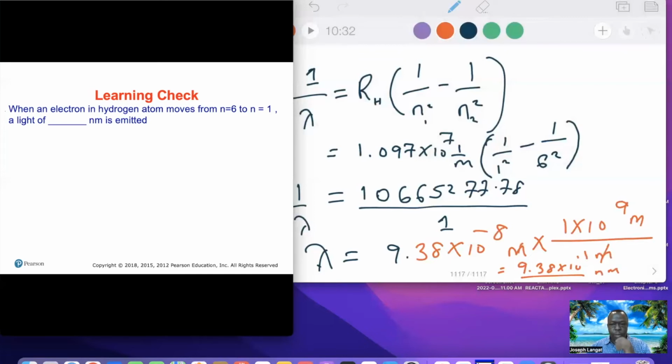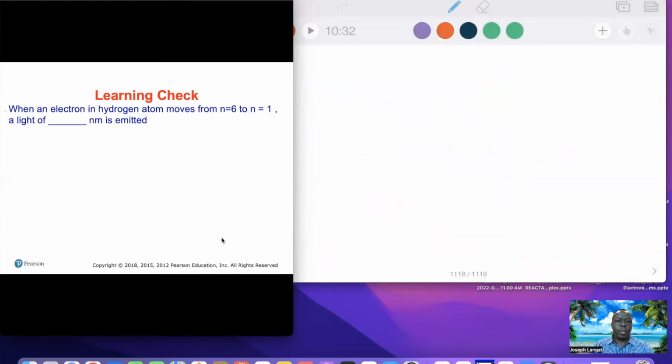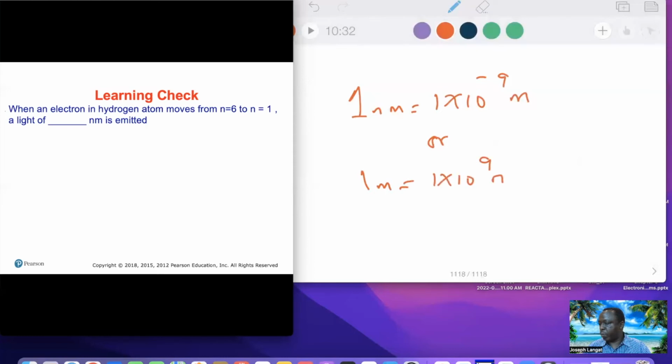Nanometers is just going to be, you multiply that, it's going to give you the value in nanometers. Still, 1 nanometer is 1 times 10 negative 9 meters, or 1 meter equals 1 times 10 raised to 9 nanometers.